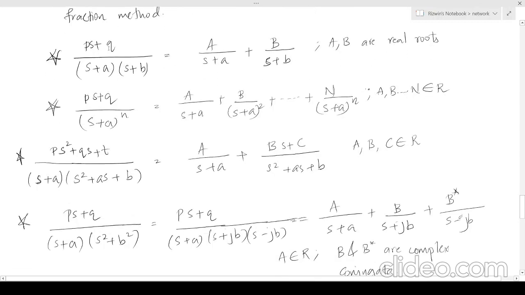Next, the other form is ps plus q by s plus a all raised to n. Here p, q, a, b, etc. will be simply constants, and s is the only variable.